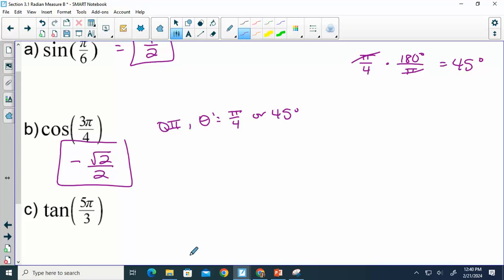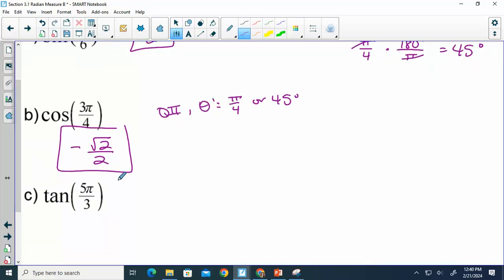Next. 5 pi over 3. So in quadrant 1, it's just pi over something. In quadrant 2, the top is 1 less. In quadrant 3, the top is 1 more, but this is double minus 1, so that's quadrant 4. Reference angle is just like if you ignore that number on top.